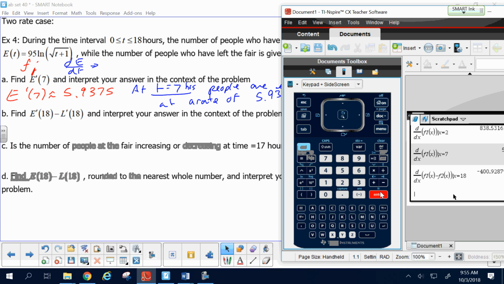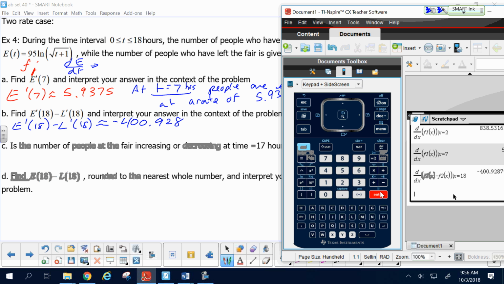I get negative 400.928. How about you? I'm having trouble reading you people. Is this about what you got? Negative 400.928? Okay. Now the interpretation of this is going to take a little more thinking. E prime is the rate at which people enter. L prime is the rate at which people leave.